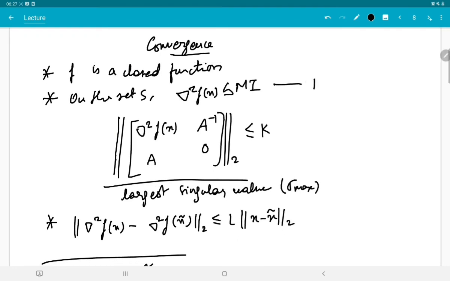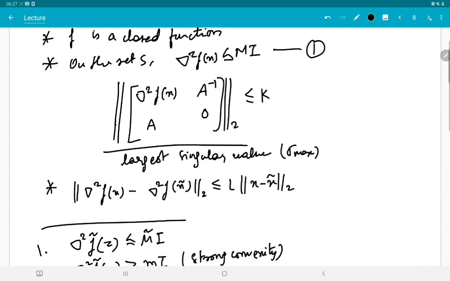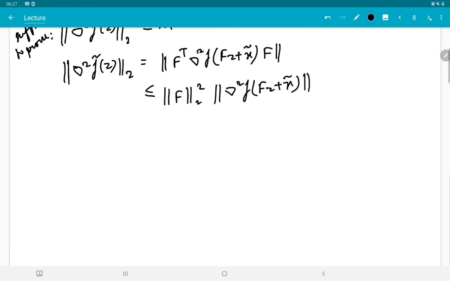By the first condition, the Hessian of the objective is bounded. So this is my Hessian of the objective and it is bounded, so this is less than or equal to the second norm of F squared times m. This is a finite value, so this is just some m tilde.